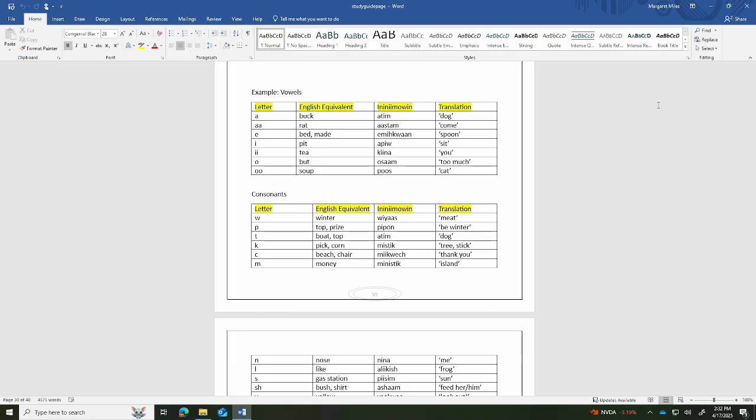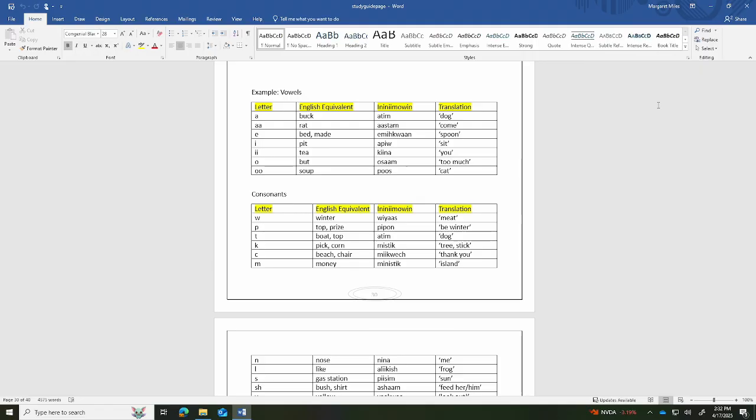The next one is K in English, pick. Mistik, meaning tree or stick. K, chair. Miigwech, thank you.